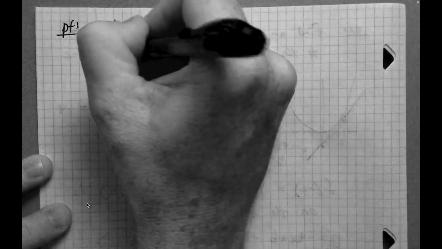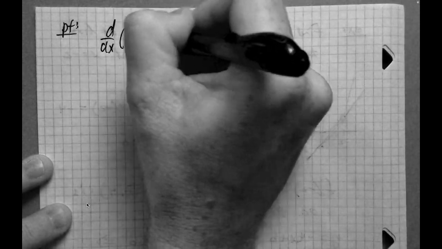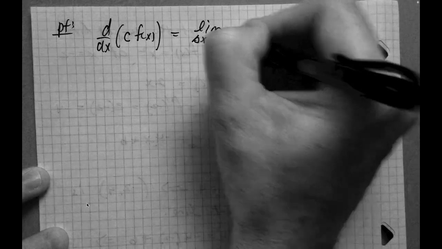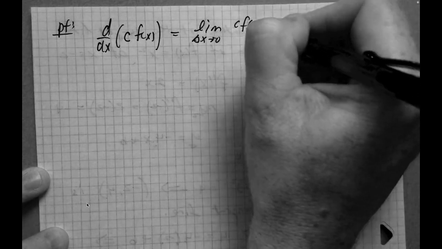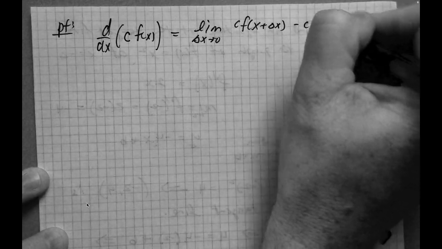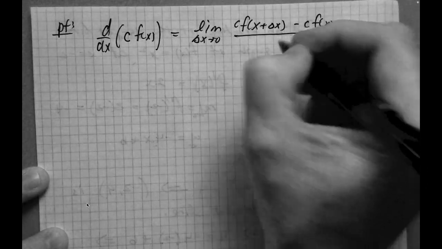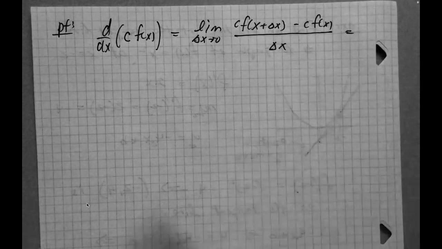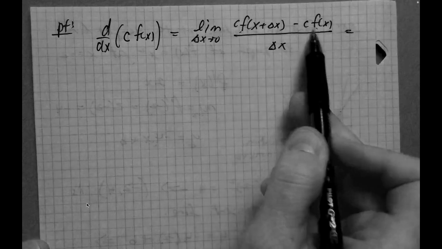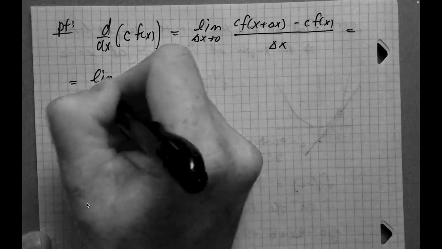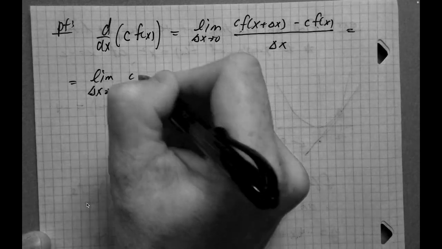So the derivative of c times f of x, well, that's going to be equal to, just using the definition, the limit as delta x goes to 0 of c times f of x plus delta x, minus c times f of x, of course, and then it's delta x in the denominator as per usual. Hey, now look, I've got a constant in both of the terms of the numerator. I can factor that out like this.